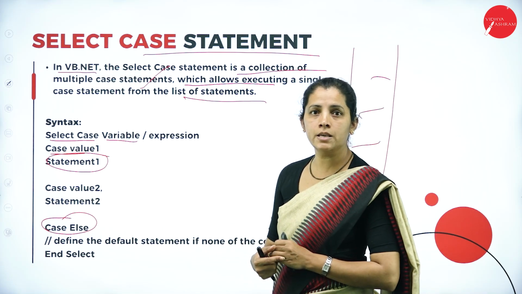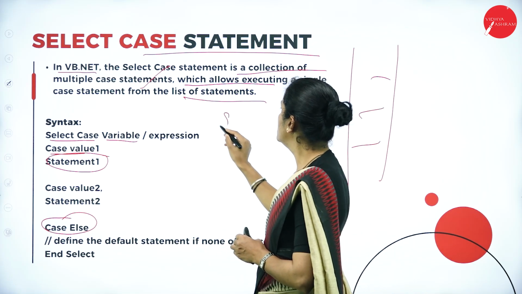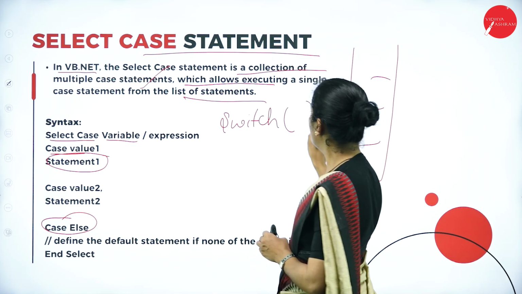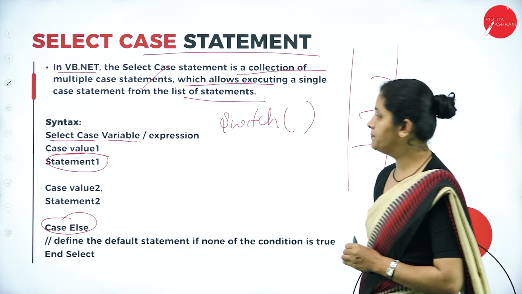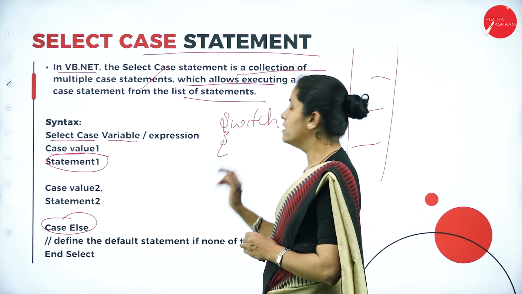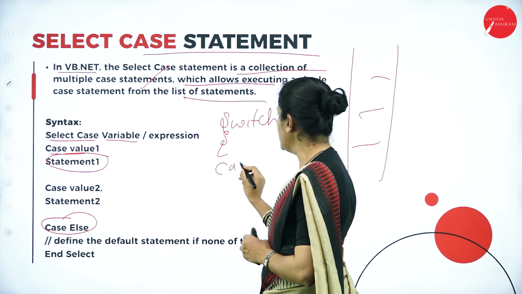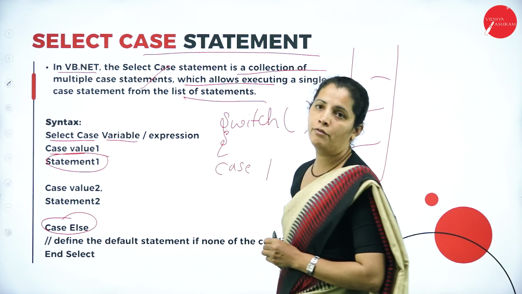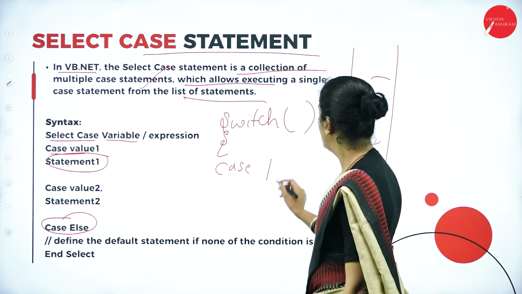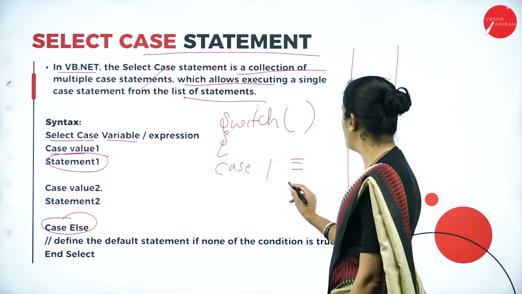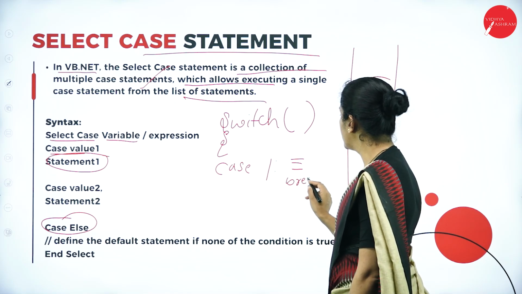If I consider the C program, how do I write it? Switch, then I have the expression, and start with the curly bracket. Then case, it's my label, for example 1, colon, and I have this set of statements. Then I break.